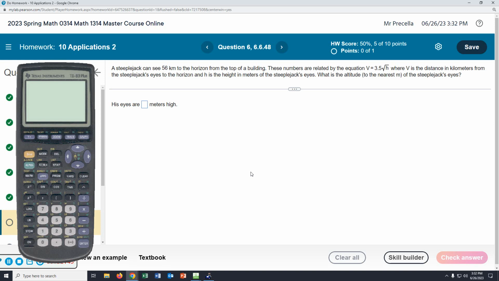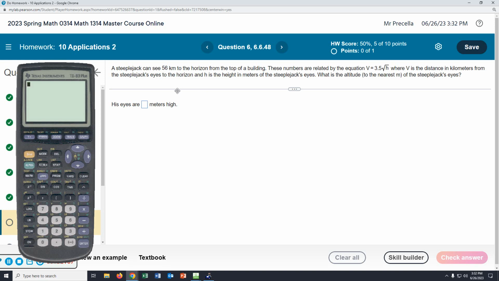I suppose a steeplejack must be someone that works on building tall buildings. Let's see. It's a person who climbs tall structures, such as chimneys and steeples, in order to carry out repairs. Okay, I didn't know that. Thank you, Google.